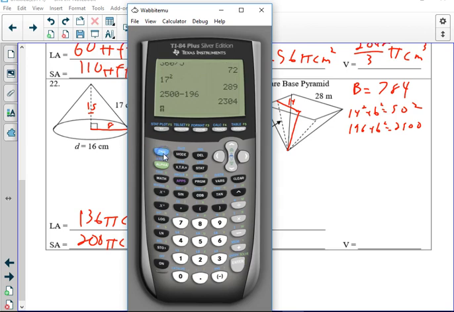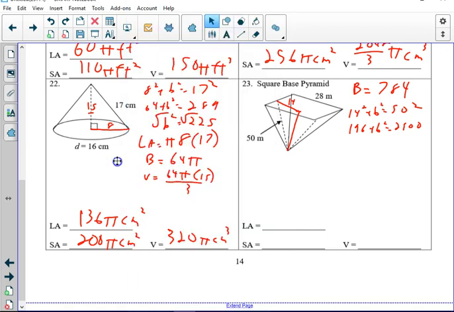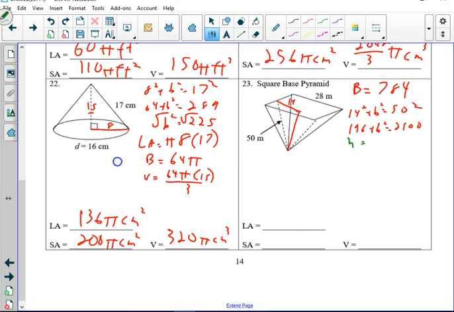2304, and the square root of 2304 is 48. So the height is 48. So the lateral area is 1/2 the perimeter, which is 28 times 4, times the slant height.